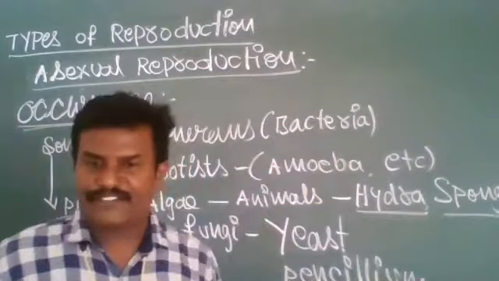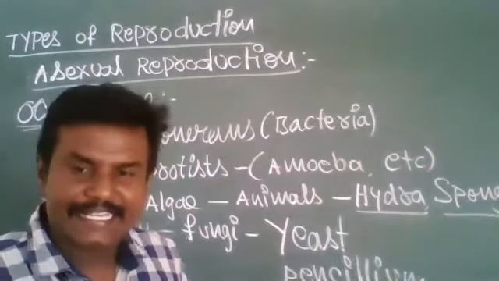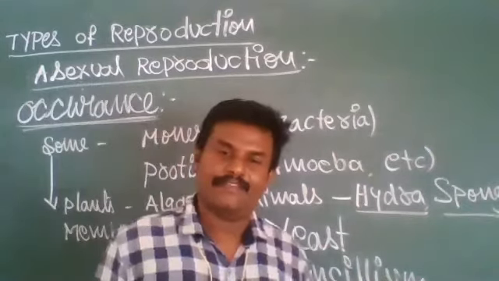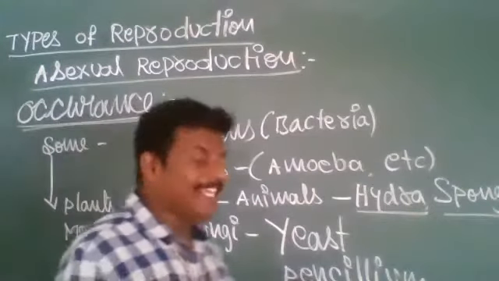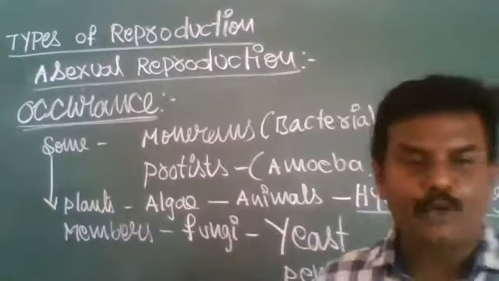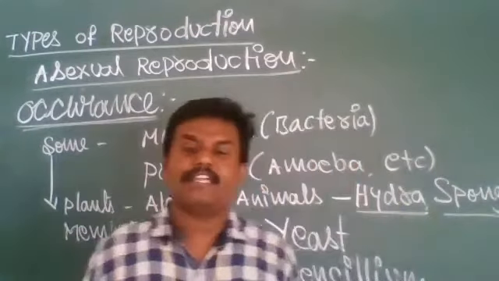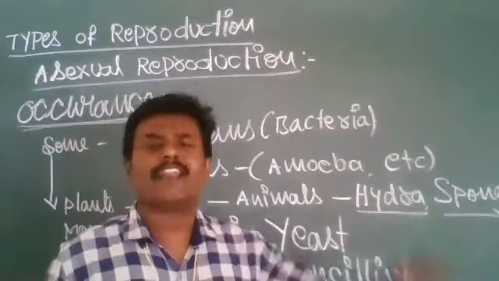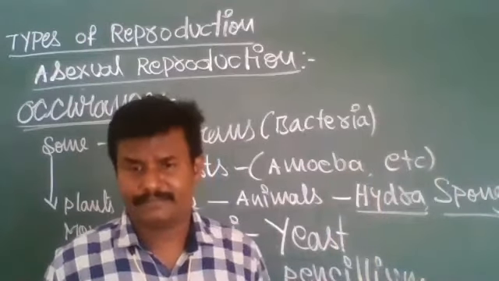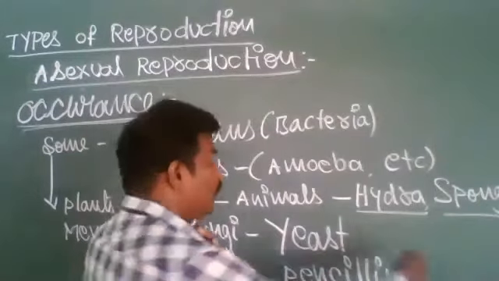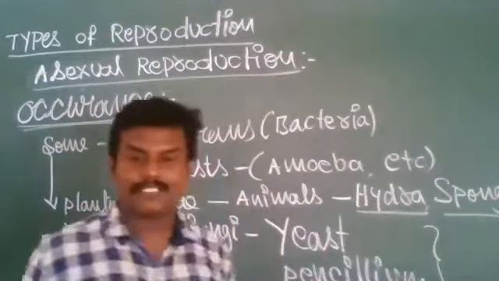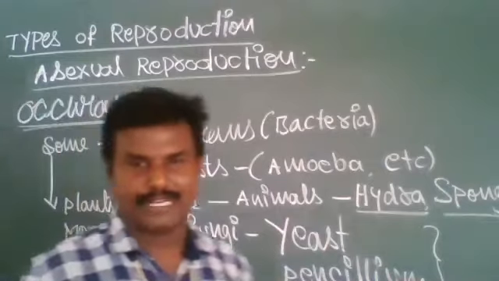The scientific name of yeast is Saccharomyces cerevisiae, which you studied in first PUC. The scientific name of penicillium is Penicillium notatum. There are hundreds of Penicillium species, and those all show asexual reproduction.